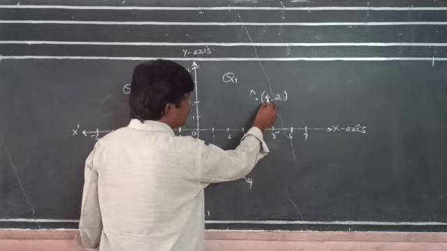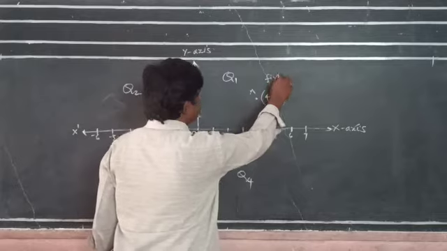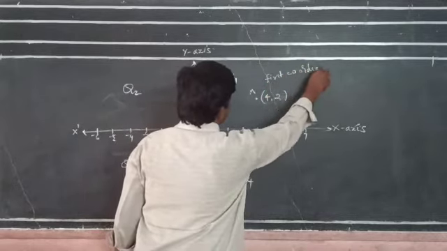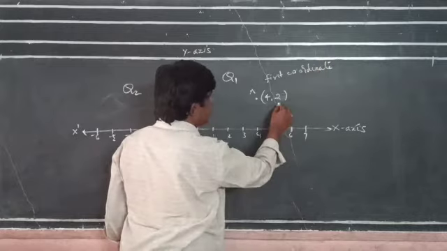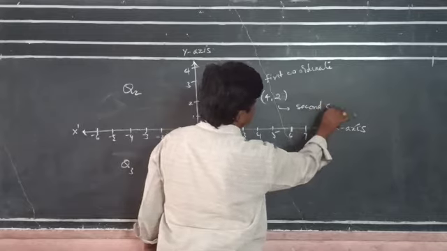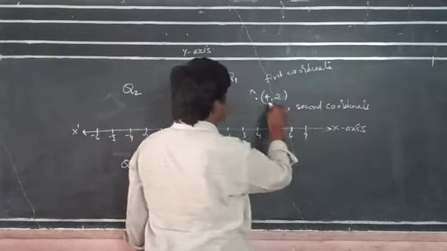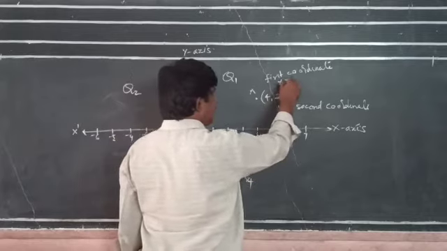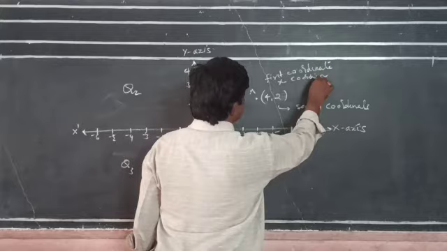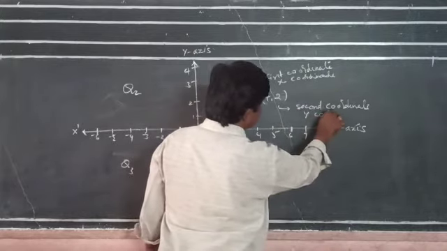Therefore this 4 is considered the first coordinate, and 2 is the second coordinate. The first coordinate is also the x coordinate, and the second is the y coordinate.